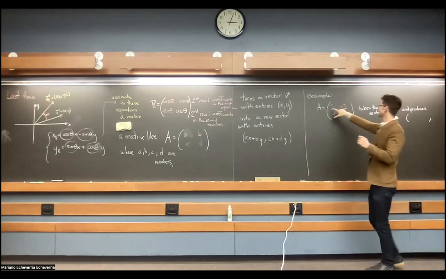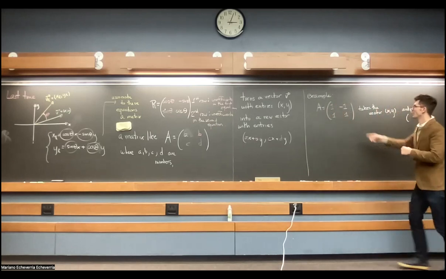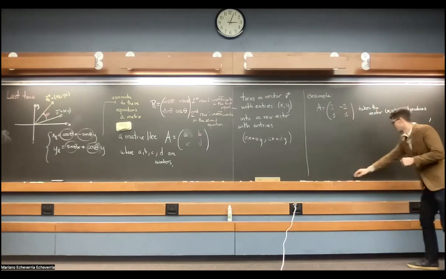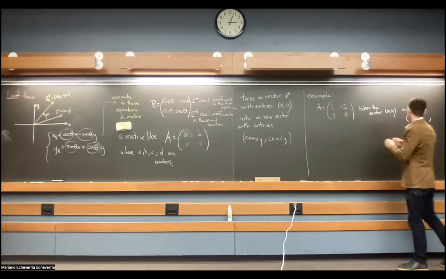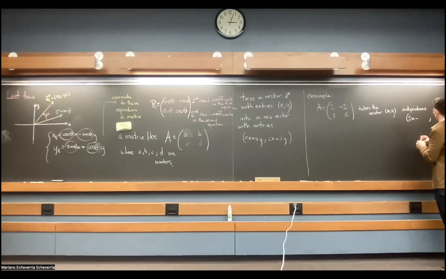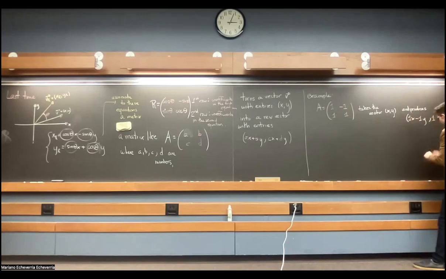Again, these coefficients are the numbers that are multiplying the x and the y's, right? So 1x minus 1y, and then 1x plus 1y.